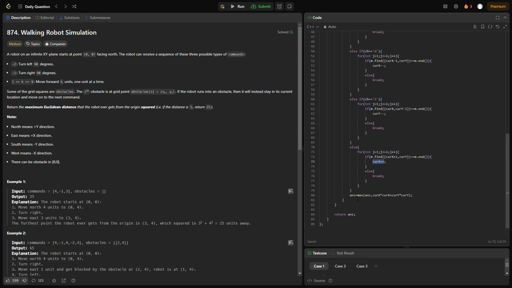After every operation, I captured the maximum farthest we have reached, because we need to return the maximum Euclidean distance, not the final one. So after every operation, we calculate where we are with respect to the start position, capture that answer, and simply return it.